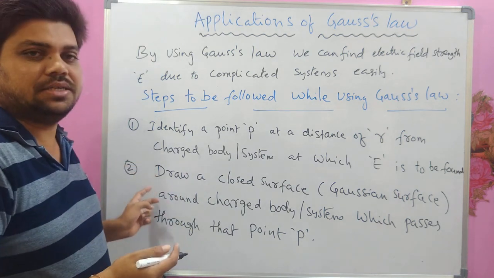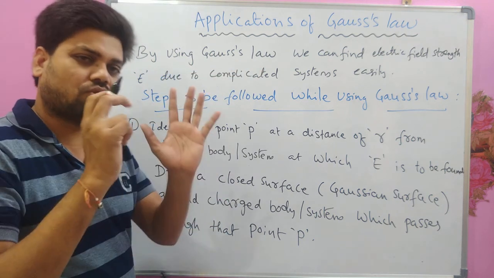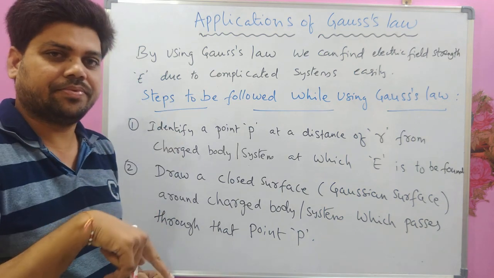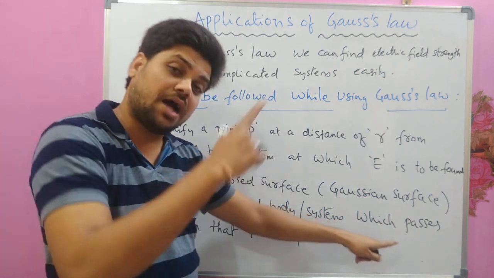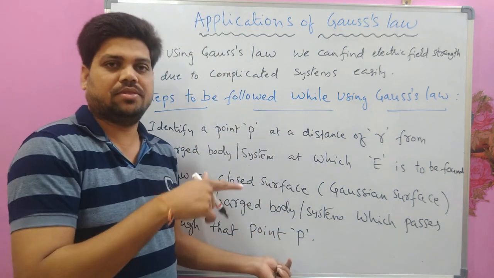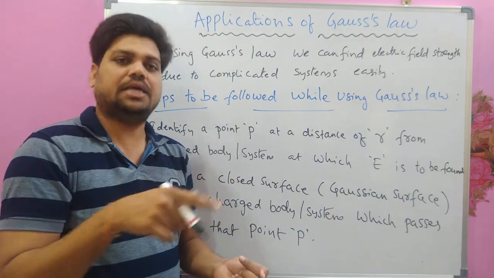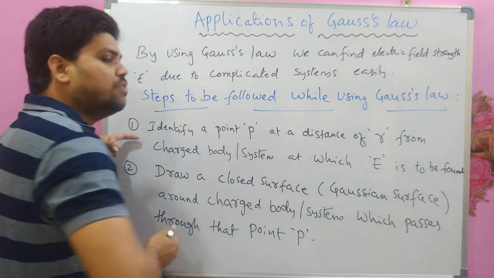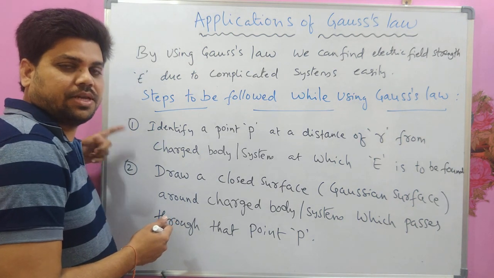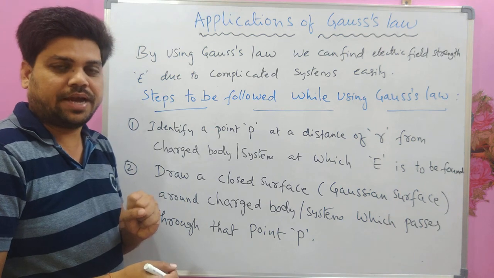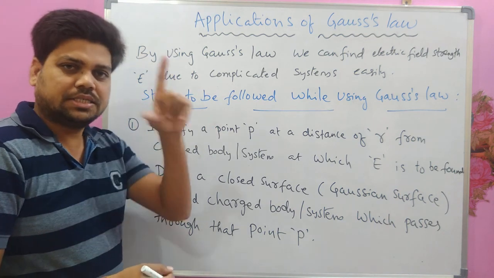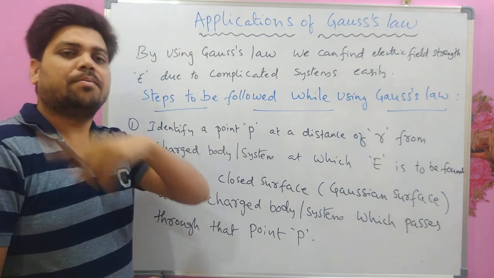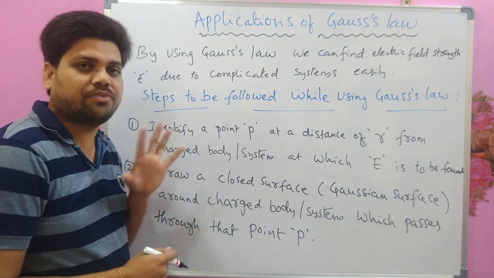And step 2 is to draw a closed surface, called the Gaussian surface, around that charged body or system, which passes through that point P which you have already identified in step 1.